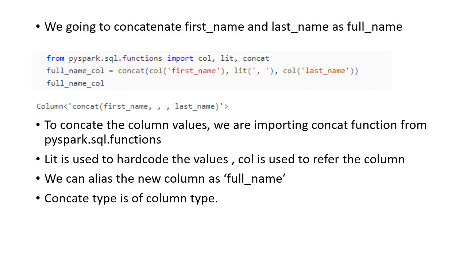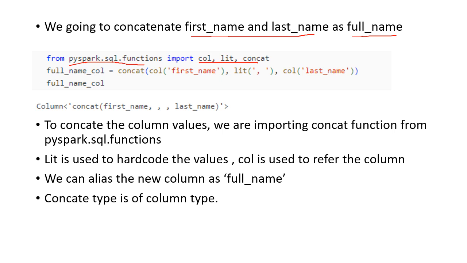First, we're going to see how to concatenate the column values using Spark column type objects. We're going to concatenate the first name and last name and name the result full_name. To concatenate, we need a couple of modules from pyspark.sql.functions like col, lit, and concat.